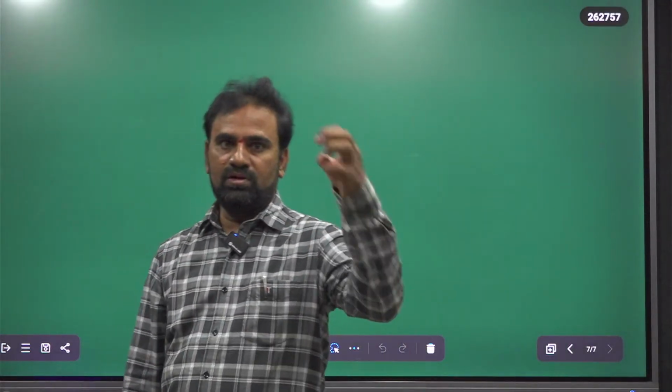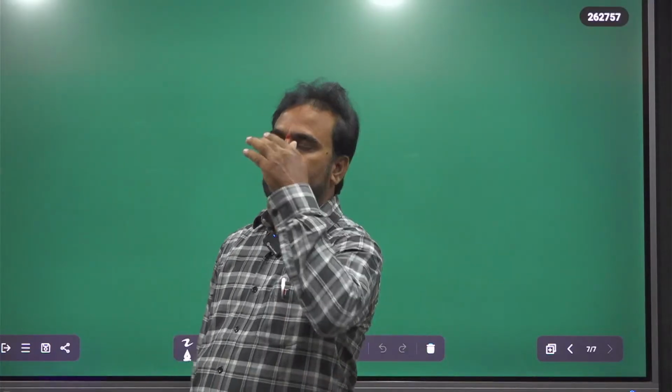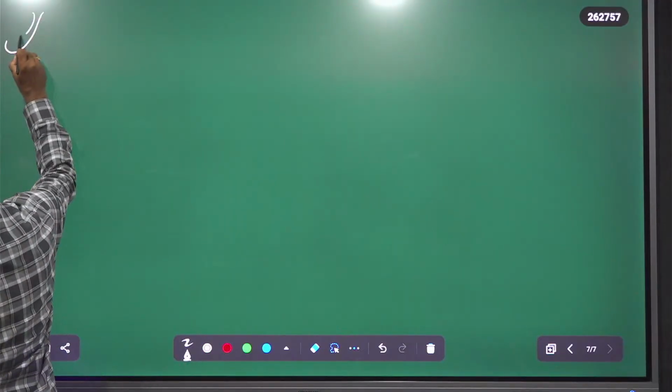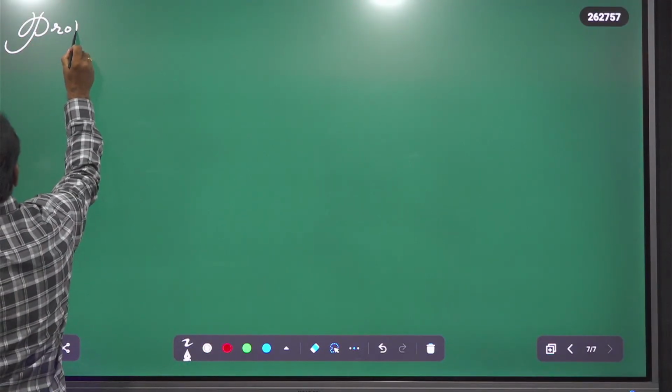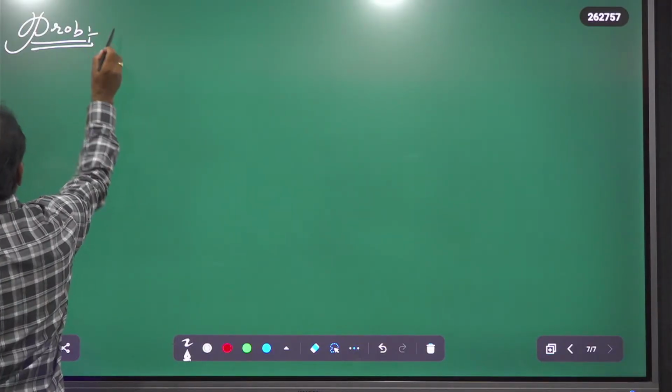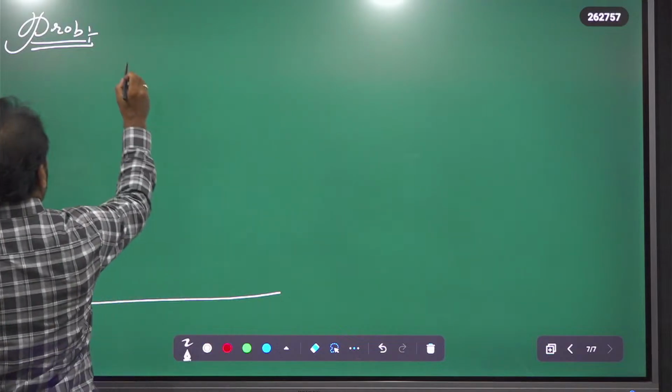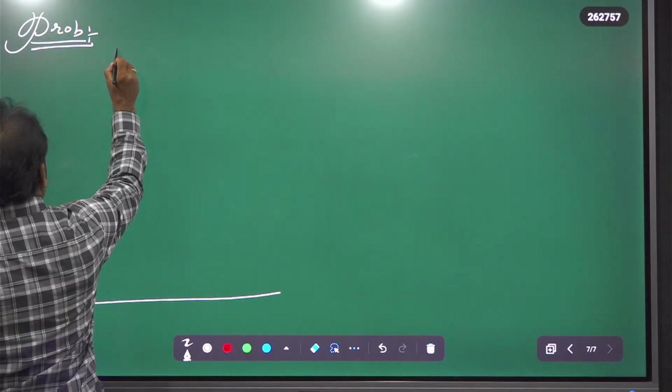Suppose consider a photon. The photon is at a certain height h from the surface of the ground. Next problem, see. Suppose consider a photon. This is a photon.